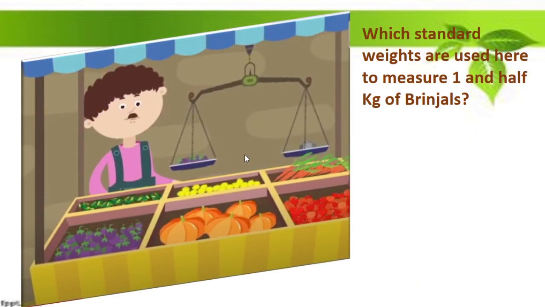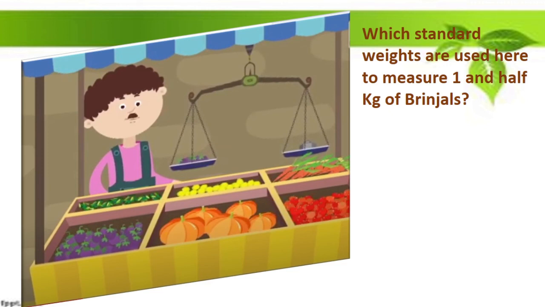Now one sum is there. Which standard weights are used here to measure 1.5 kg of brinjals? Here brinjals are there in one pan. Which weights will this man use to measure 1.5 kg?